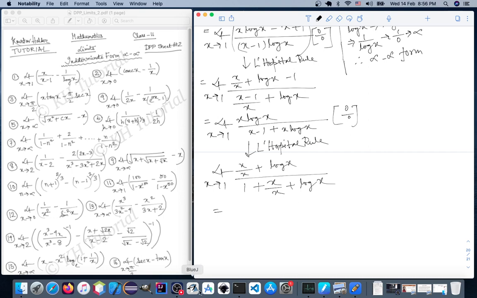Now we can directly put the value of x as 1, and we get a finite value, which is 1 plus 0 divided by 1 plus 1 plus 0. This is half. Half is the answer. Let's move to the next question.